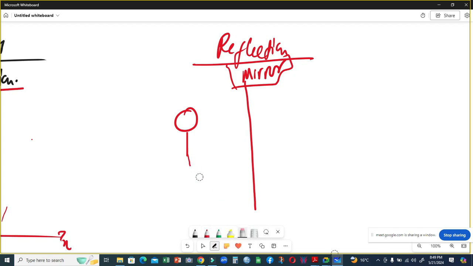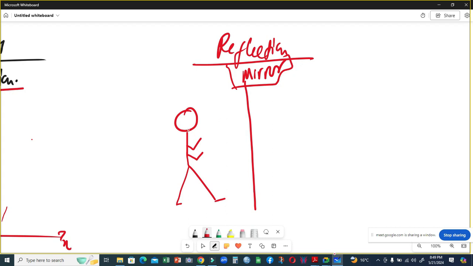It's a rough map, just for illustration purposes. Let me do this. Okay, this is just an example. If this is a person, and then this is a mirror.